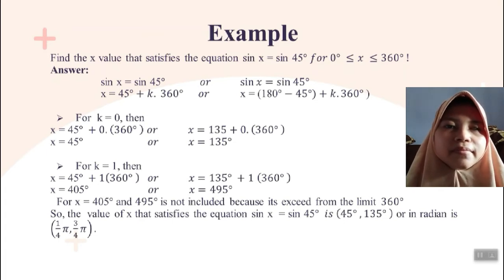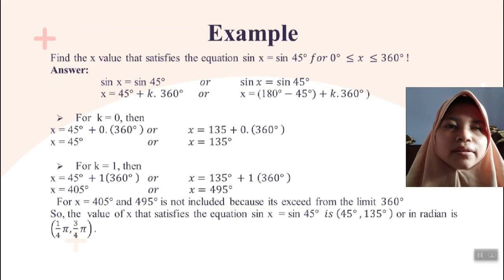Answer: sin x equal to sin 45 degrees. x equal to 45 degrees plus k multiplied by 360 degrees, or x equal to (180 degrees minus 45 degrees) plus k multiplied by 360 degrees.